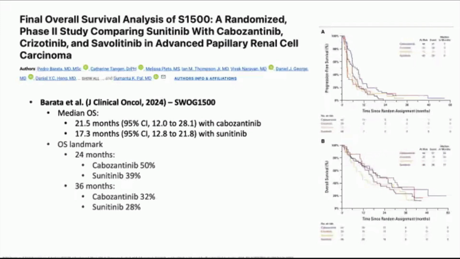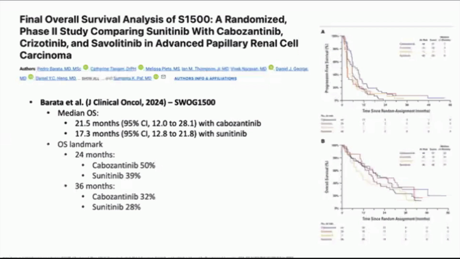This year, the same group published the final results of their SWOG 1500 trial. And here again, data supporting cabozantinib use is compelling, with a median overall survival of 22 months compared to 17 months in the sunitinib group. Their overall survival landmark at 24 months was 50% for cabozantinib compared to 39% in the sunitinib group.